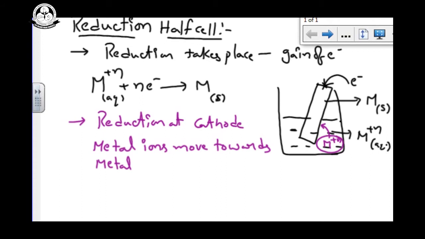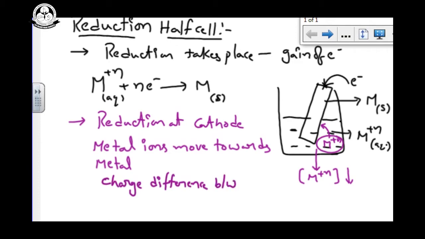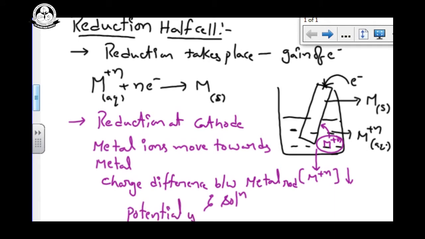So there is a charge difference between the metal rod and the solution. Because of the charge difference between the two, we can say potential is developed.